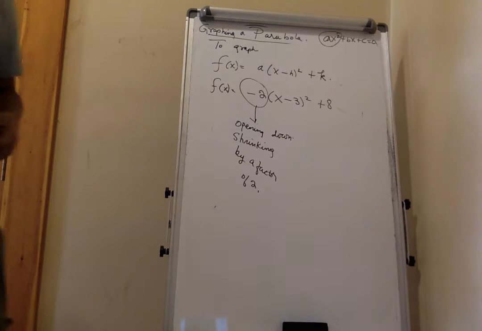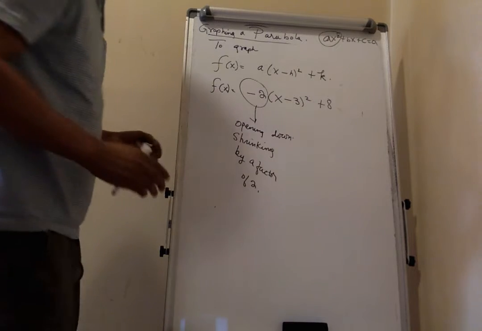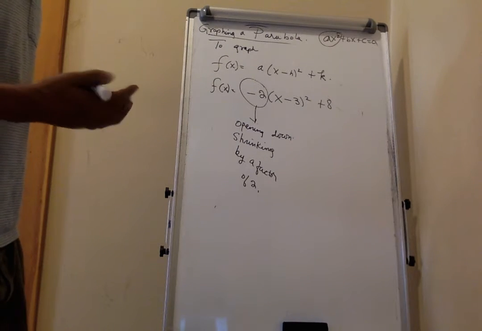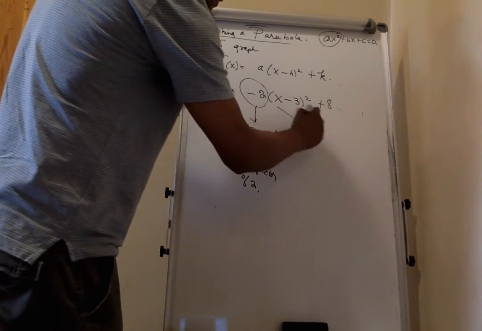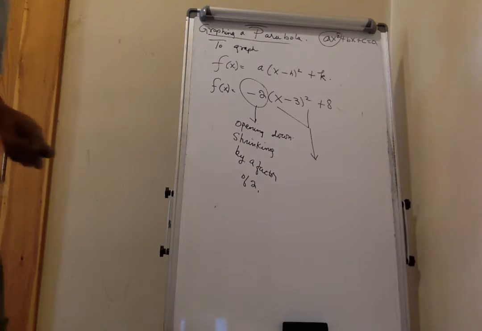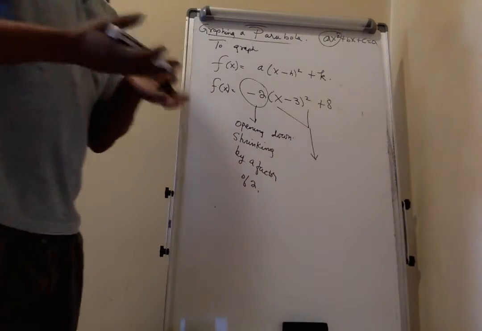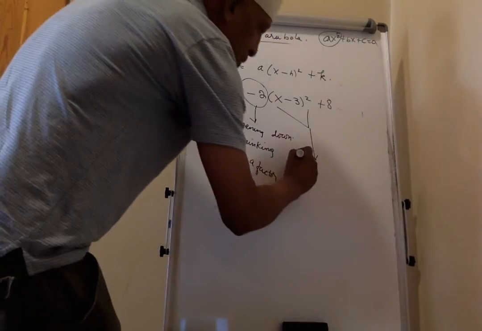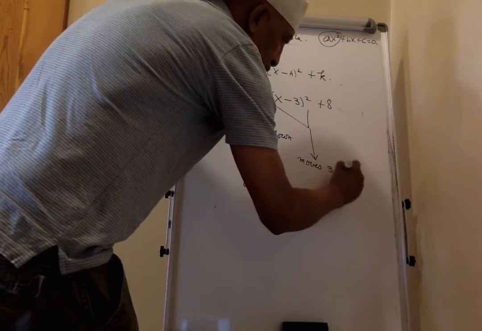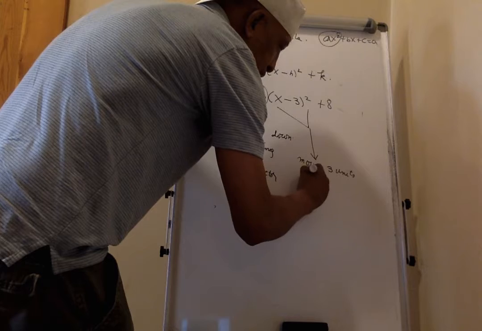Okay. Now look at x minus 3. So what makes x minus 3 zero? If x is 3. So this particular part of the equation tells me the parabola that I'm drawing moves 3 units to the right.